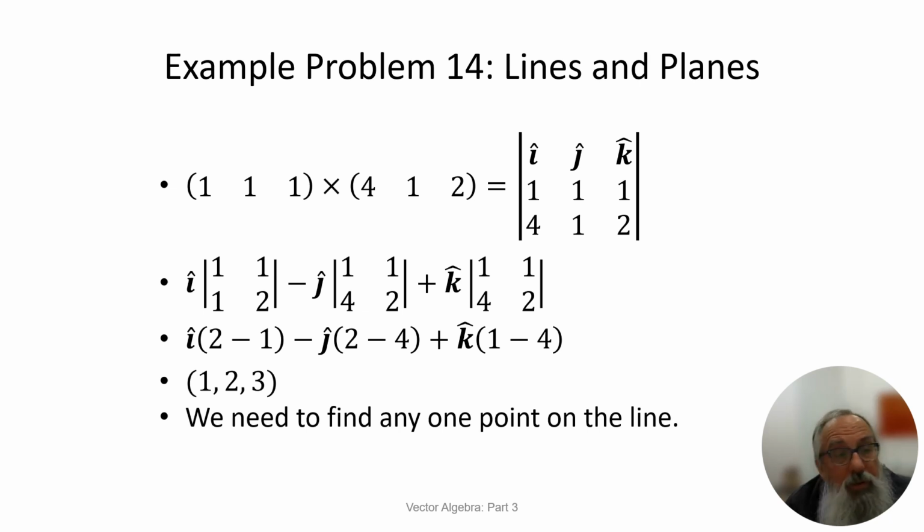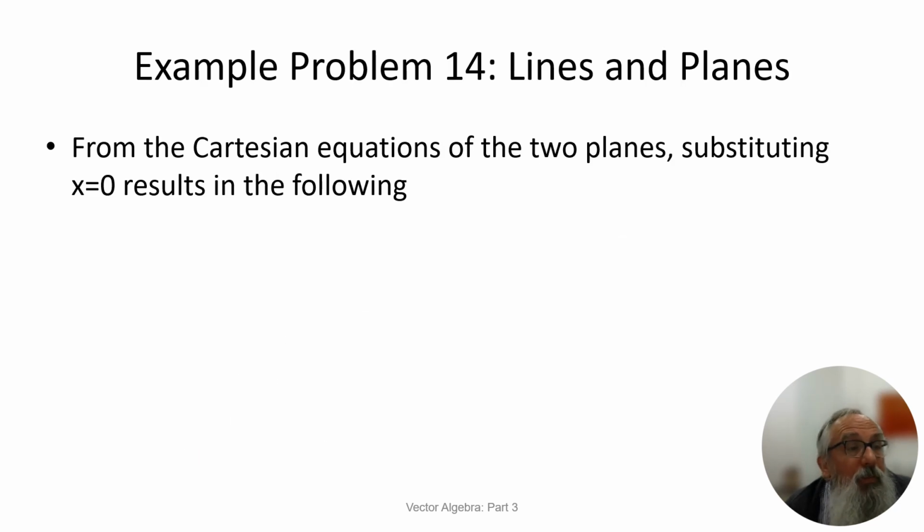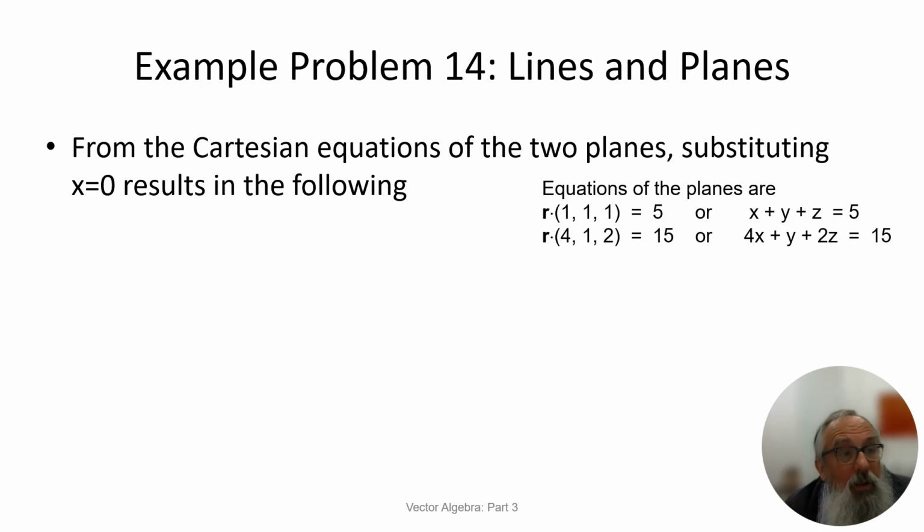We need one point on the line, and we can choose any x, y, z. It's convenient to choose one of them as 0, and why not choose x equals 0? So we're choosing x equals 0. These are the two equations. But x equals 0, so the equations are going to be x plus z equals 5 and y plus 2z equals 5.